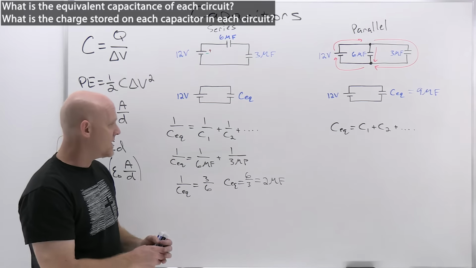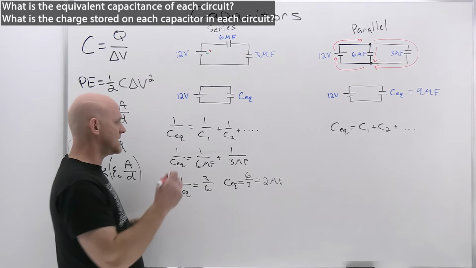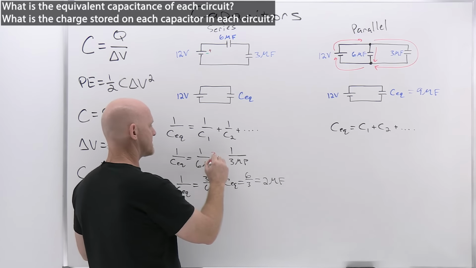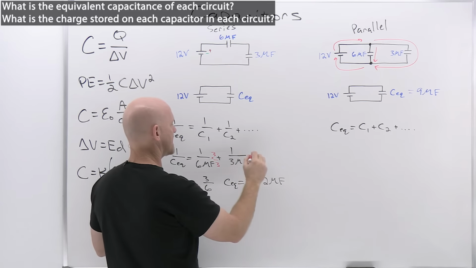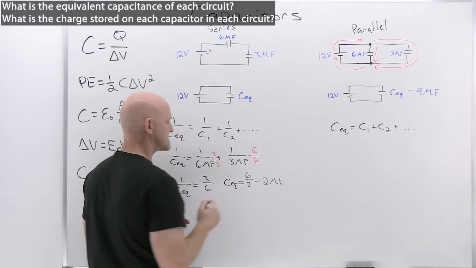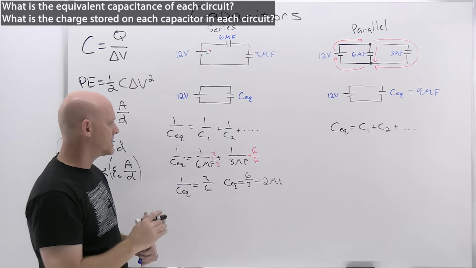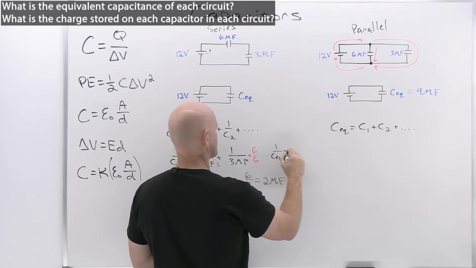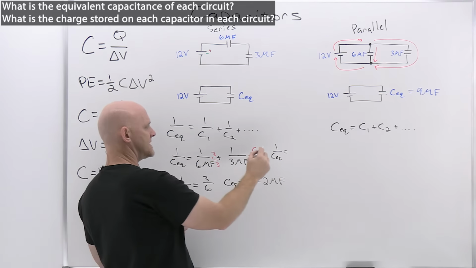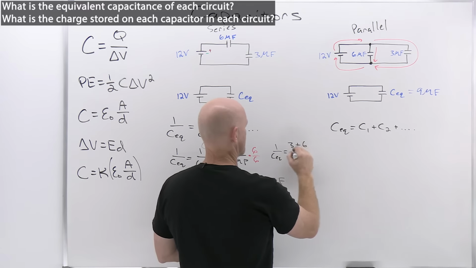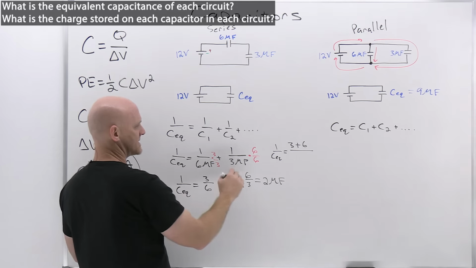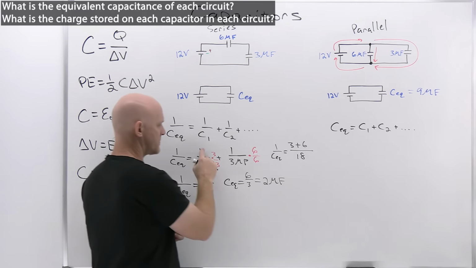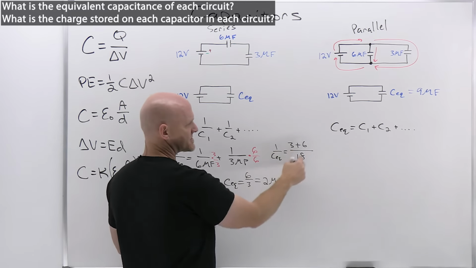All right. If I wanted to get to that common denominator of 18, I'd have to multiply the first term by 3 over 3 and the second one by 6 over 6. And if you look at what this ultimately comes down to, you'd end up with 1 over the equivalent capacitance equals 3 plus 6 all over 3 times 6. So you'd have 3 over 18 plus 6 over 18, which is 3 plus 6 over 18.